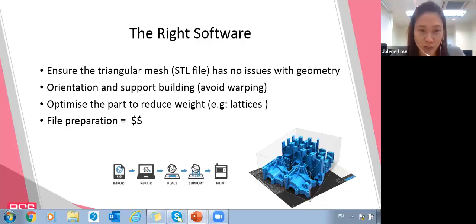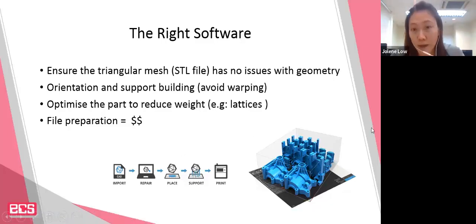We have seen a great improvement where there's a lot of integration now, where we can bring in native CAD formats like your STEP and Parasolid files. But in the end, the 3D printer still reads in an STL file. So there's a conversion done in the software itself, and this conversion to STL is done differently in different software. So we need to ensure that the STL file has no errors, no gaps, and it's a good file so we can get a good printout in the end.